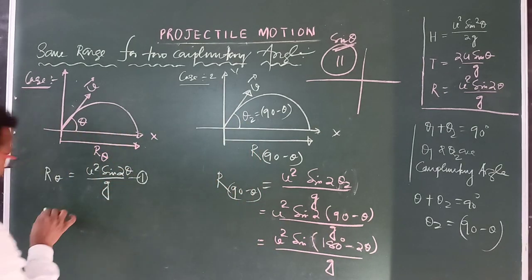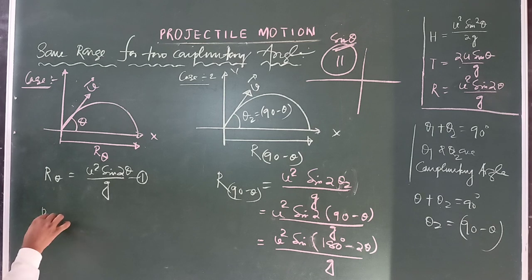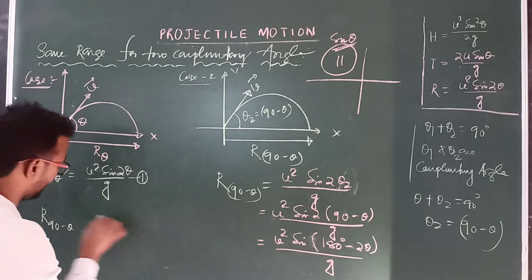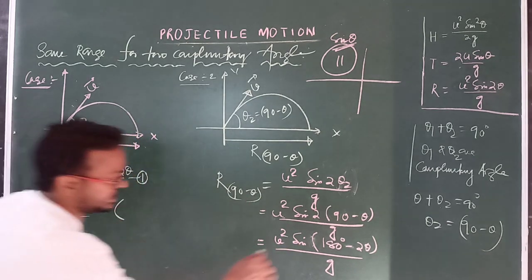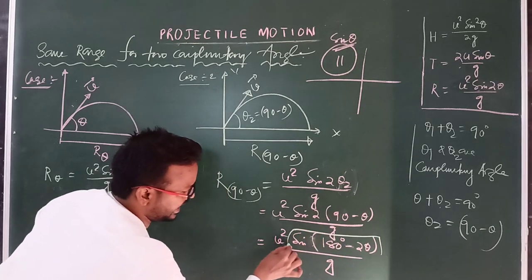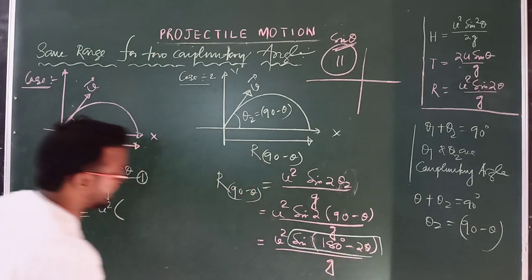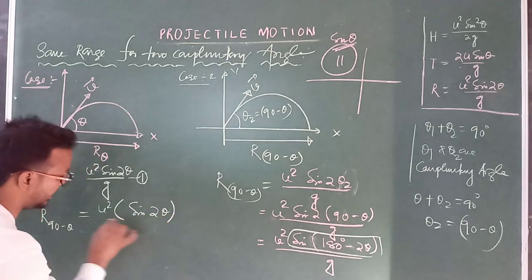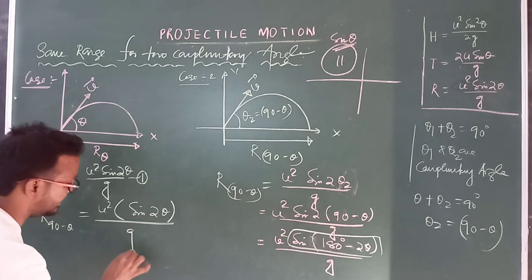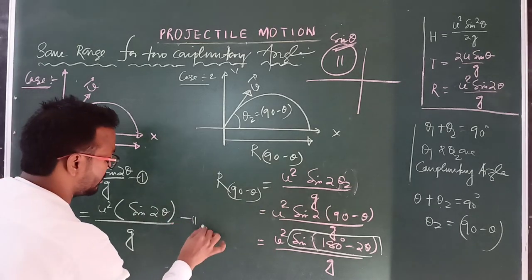I am writing here R of 90 minus theta equals u square sin 2 theta divided by g. This is equation number 2.